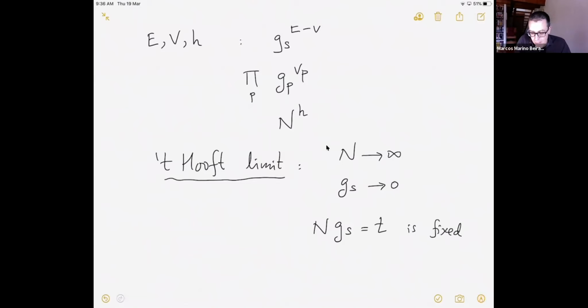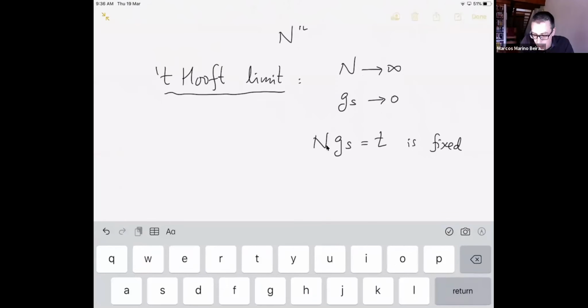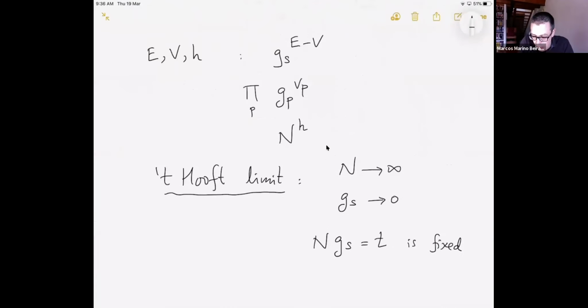One of the reasons why this is good, you will see in a moment, because now I want to do the counting again here. So I want to incorporate this limit here.